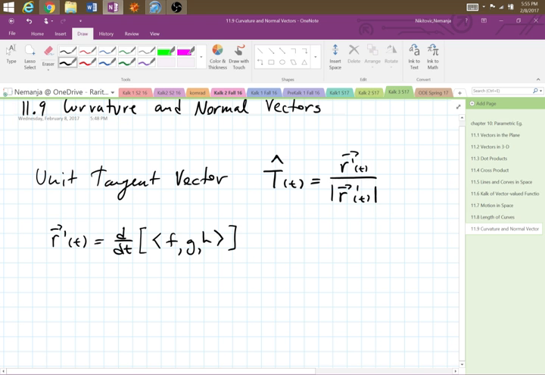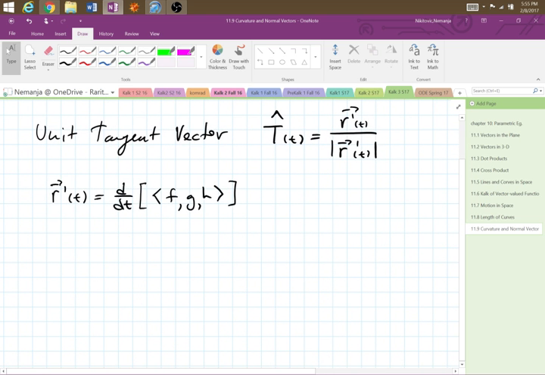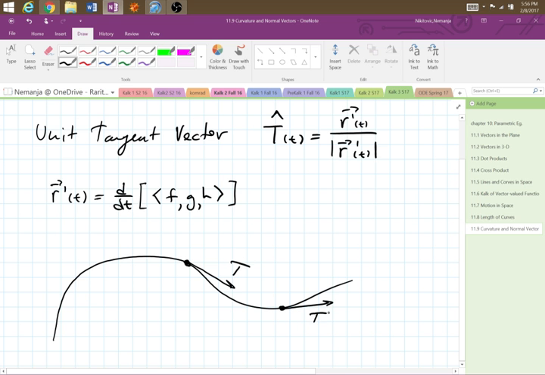So now, we have a curve of some kind, and we introduce these tangent vectors. Now these tangent vectors are going to show us the direction of motion.